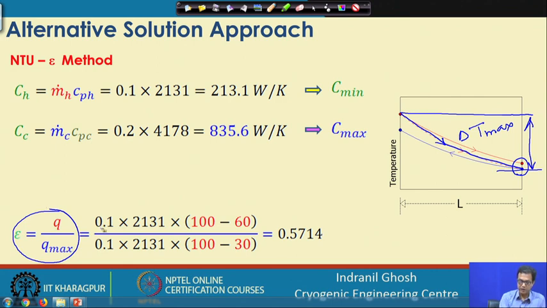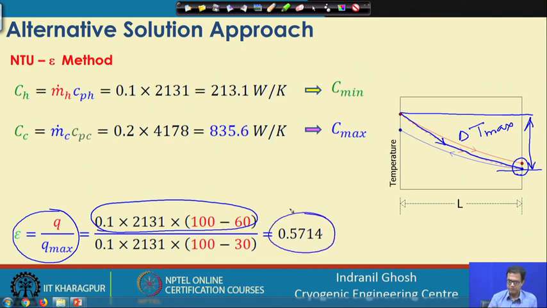Here Q is the actual heat transfer that is taking place, written in terms of the minimum capacity fluid, which is the oil. It has come out to be 0.5714, which is the epsilon, or the heat exchanger effectiveness.